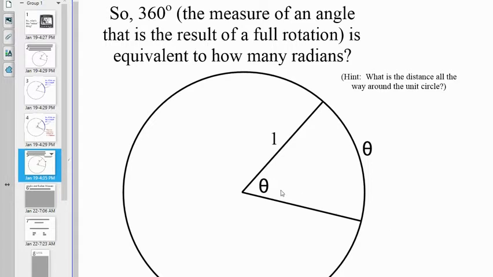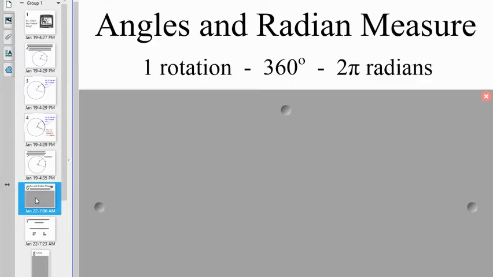Well, let's just think. If I've got a unit circle, 1 unit in distance, this circumference, the distance around the circle, is pi times diameter, diameter is 2, pi is pi, 2 times pi is 2 pi. That means one full rotation, 360 degrees, is 2 pi radians.